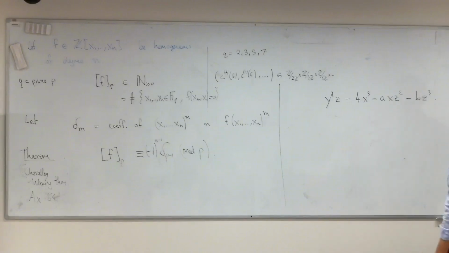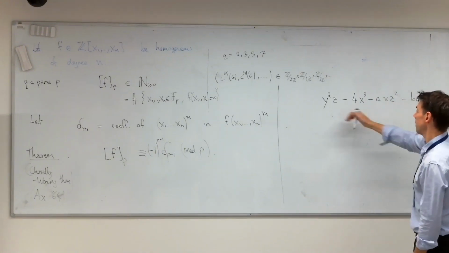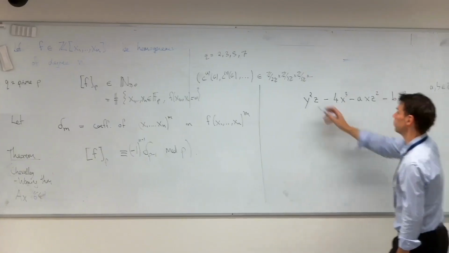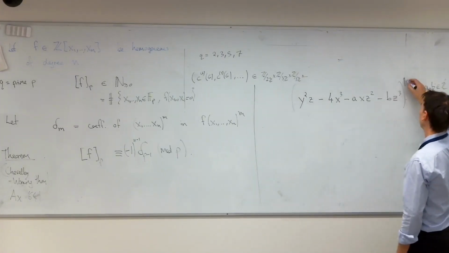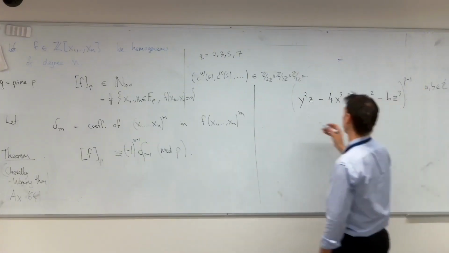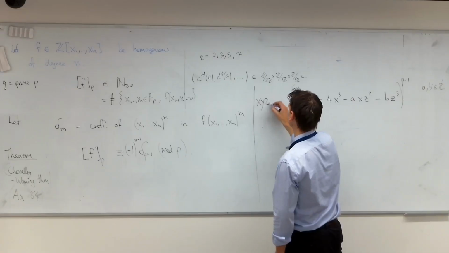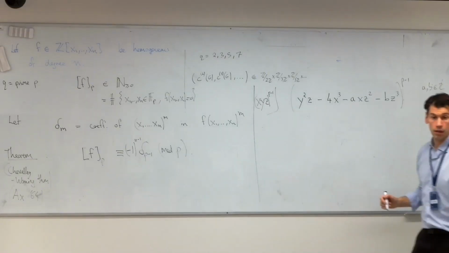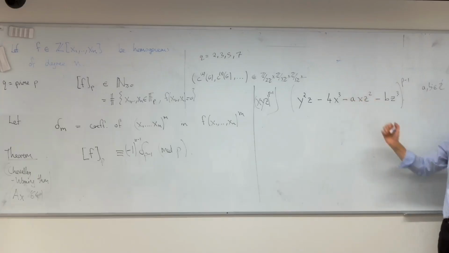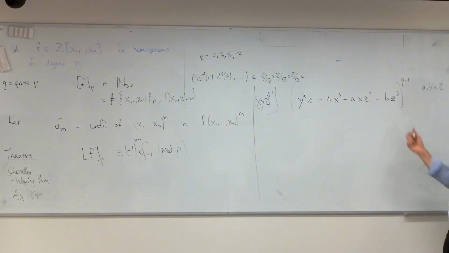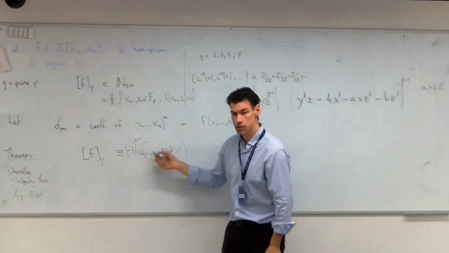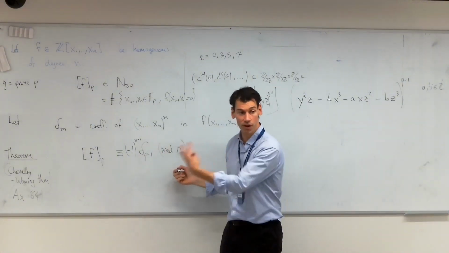Just choose some a, b, and if you want to count the points over a finite field of this thing, well, you just take the whole thing to the power p minus 1, and you look for the coefficient of (xyz) to the p minus 1 in this. And you can see it's going to be some multinomial coefficient. But the point is that multinomial coefficients mod p can behave in very complex ways.